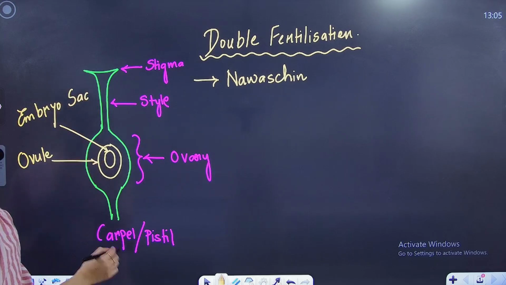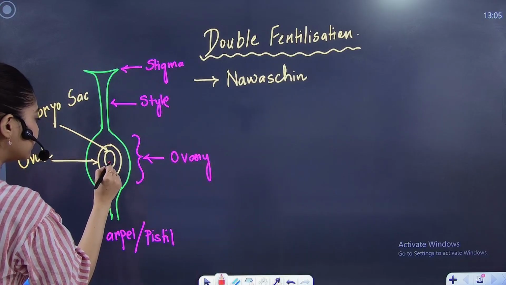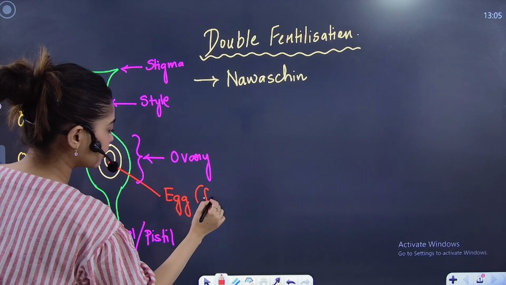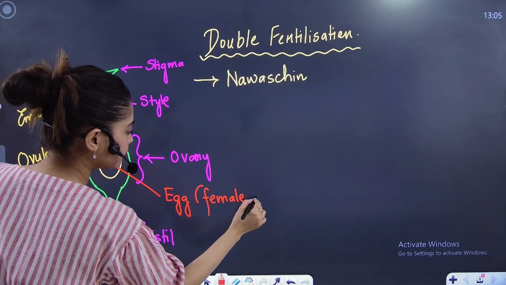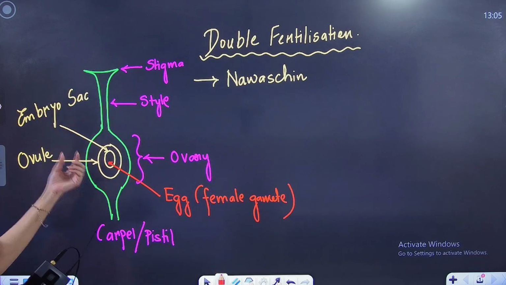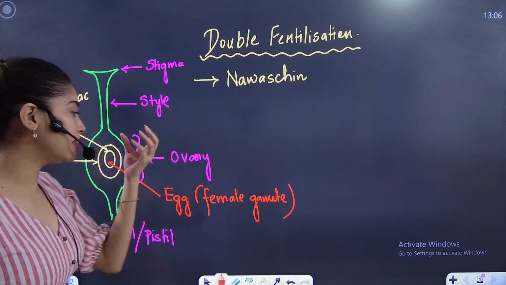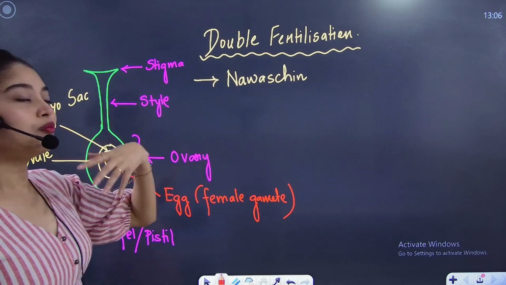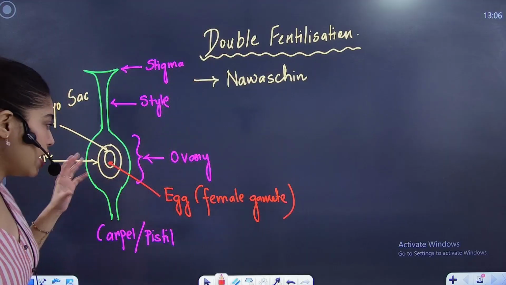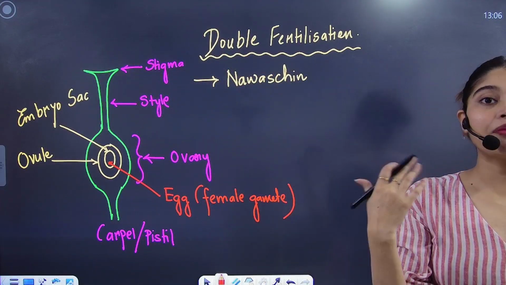The embryo sac is the structure where we have our female gamete, that is the egg. Everything takes place inside the embryo sac. The two male gametes will enter the embryo sac to carry out the process of double fertilization. Now let's see a magnified version of how an embryo sac looks.